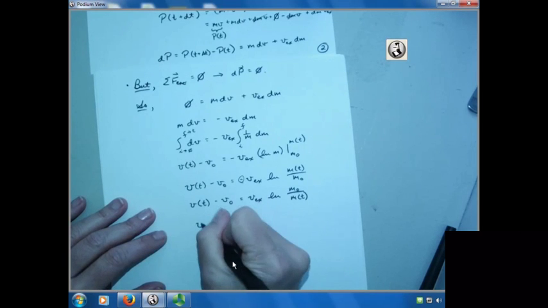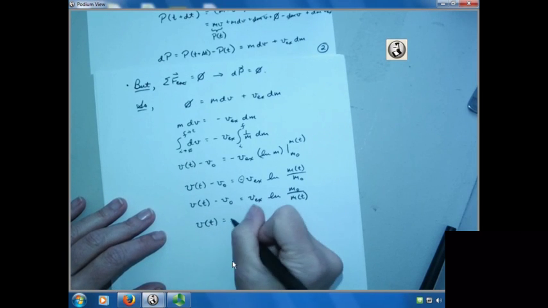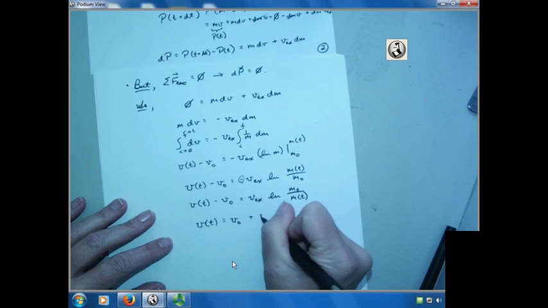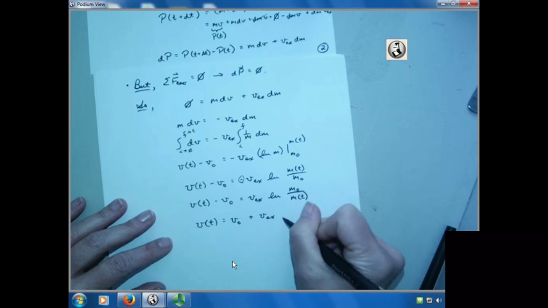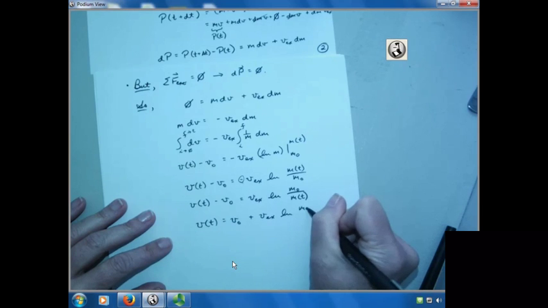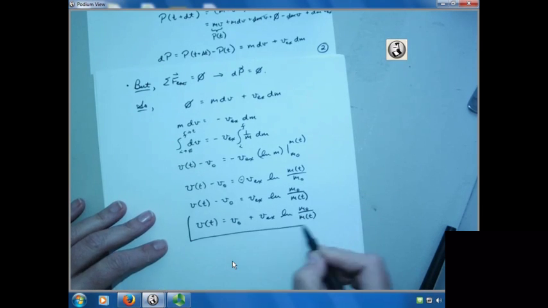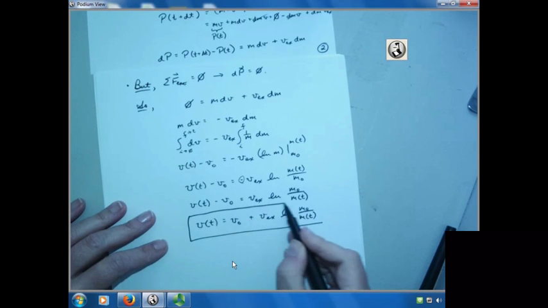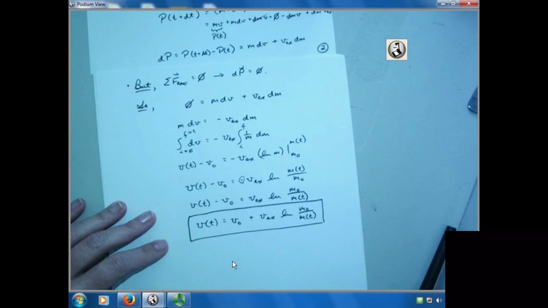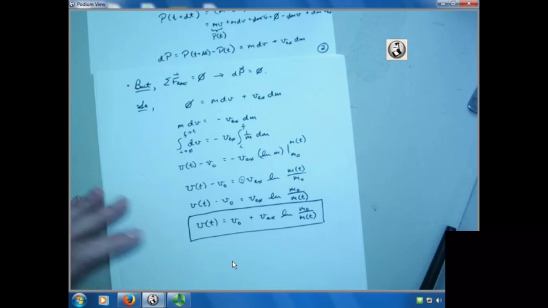And finally, v as a function of time is equal to v naught plus exhaust speed times the natural log of the initial mass of the rocket divided by the mass of the rocket as a function of time. And there we've got velocity as a function of time. And yes, you could integrate that and get x, your location, as a function of time. We're not going to do that because I think you kind of get the idea.